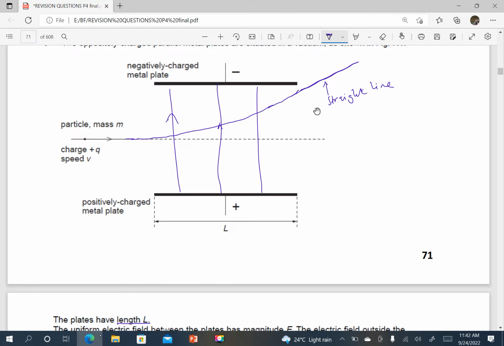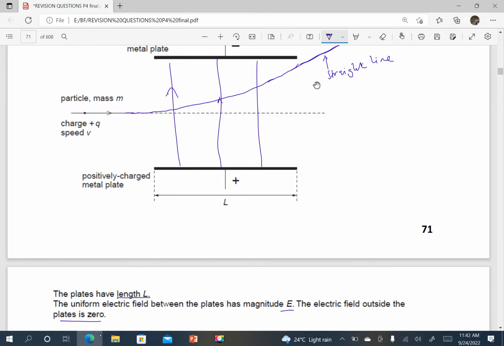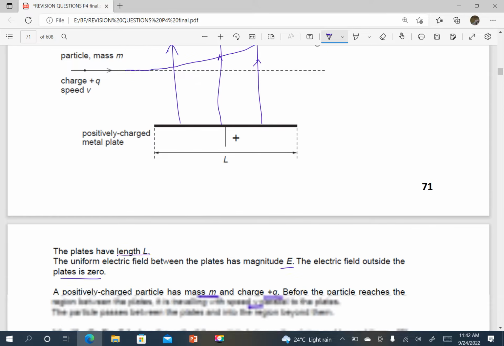Okay, so that is the path of the positively charged particle. It experiences a force towards the top plate. That is because it moves in the same direction as the electric field.